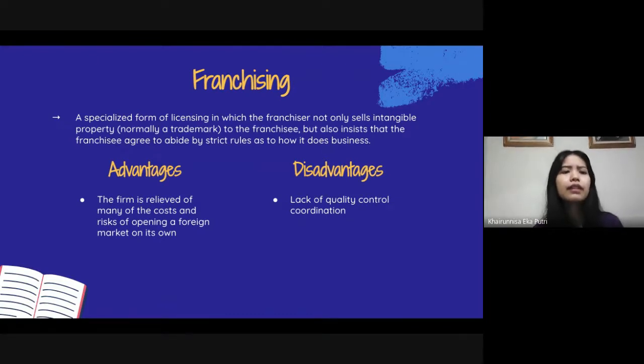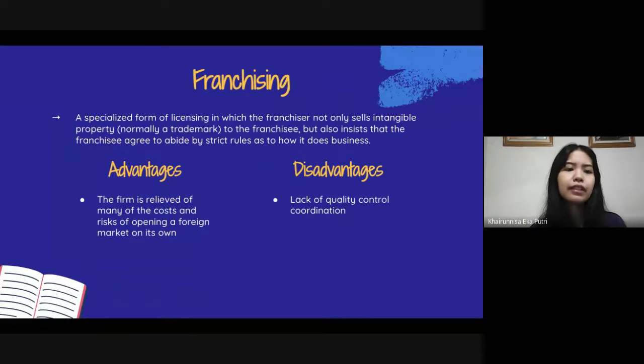Franchising is basically a specialized form of licensing, in which the franchisor not only sells intangible property to the franchisee, but also insists that the franchisee agree to abide by strict rules as to how it does business.